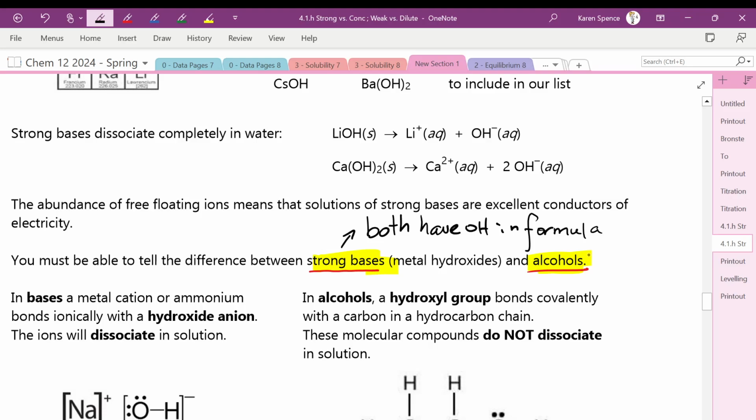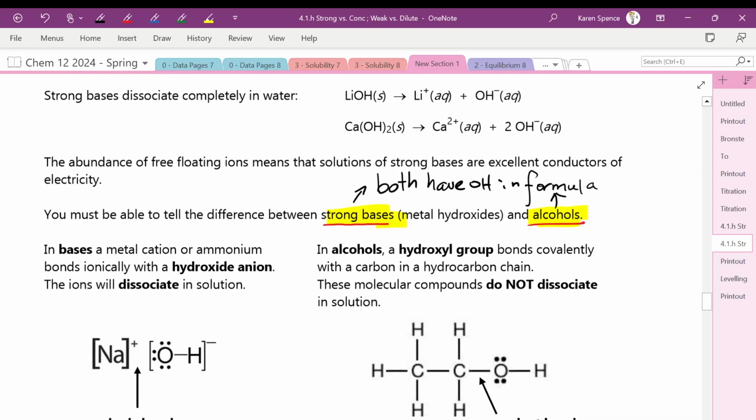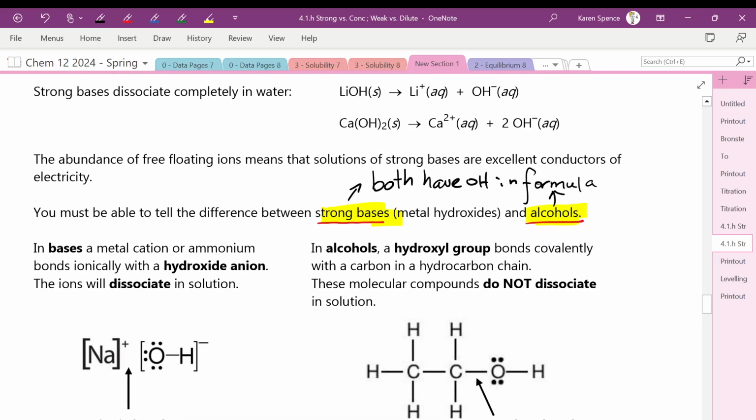But you need to be able to tell the difference because one of them in water is going to conduct electricity and one of them is not. One of them is going to act as a base and will react with acids, and one of them will not.